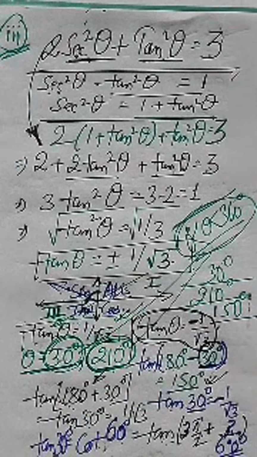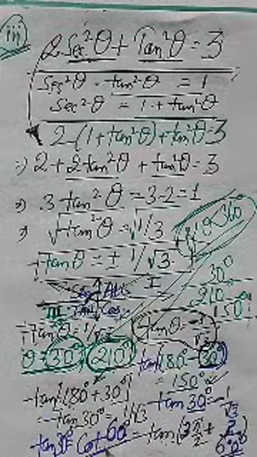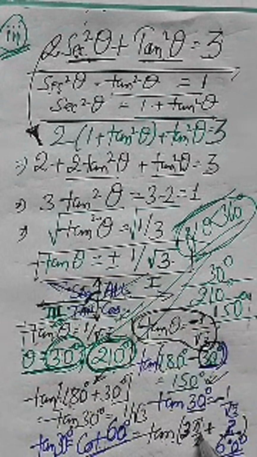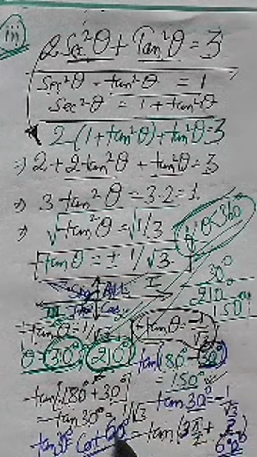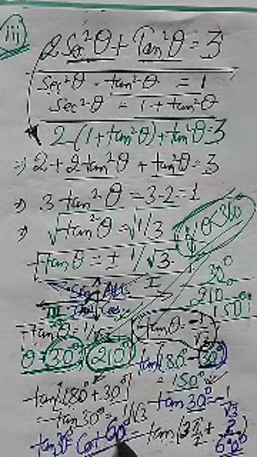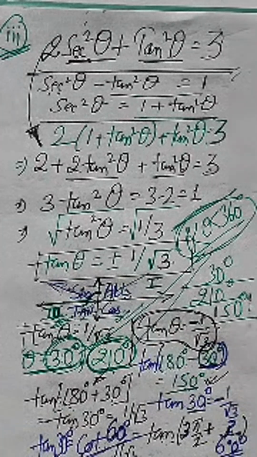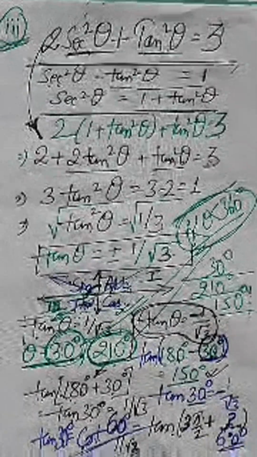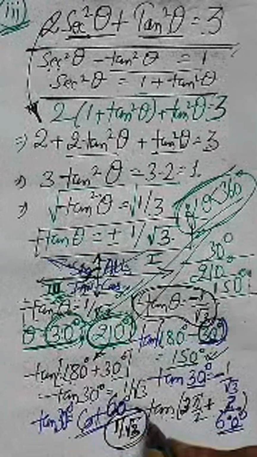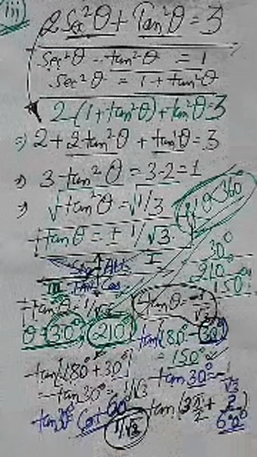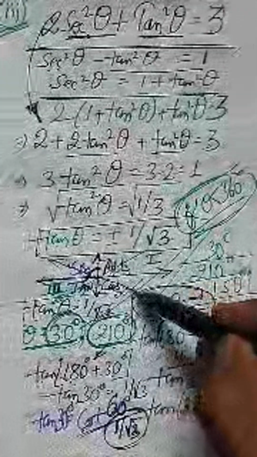In this way we can write cot of 60. So here we can write 3 pi by 2 plus 60, because what is the value of cot of 60? Tan of 60 is root 3, then cot of 60 is 1 by root 3. And the negative sign corresponds to the angle lying in the fourth quadrant.